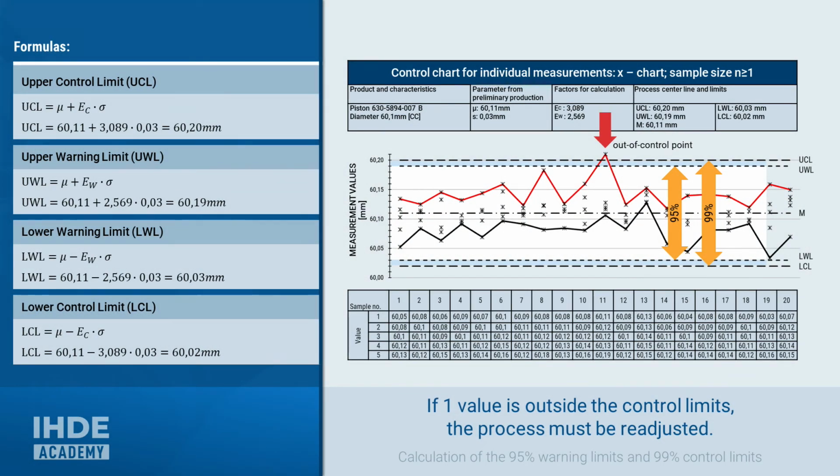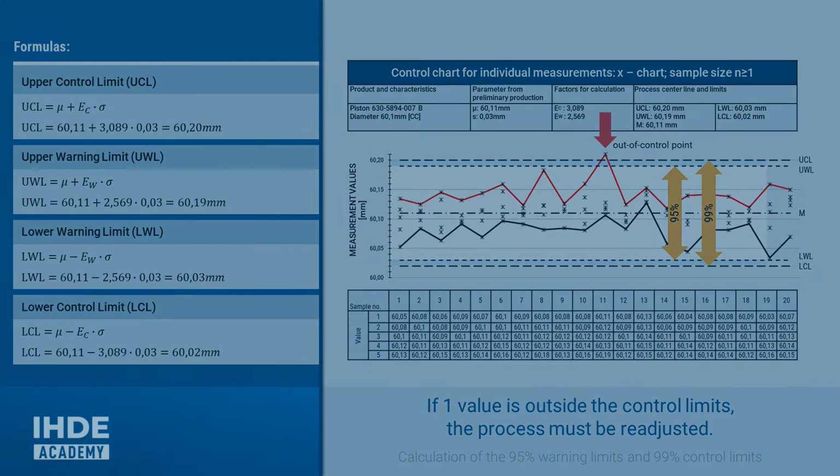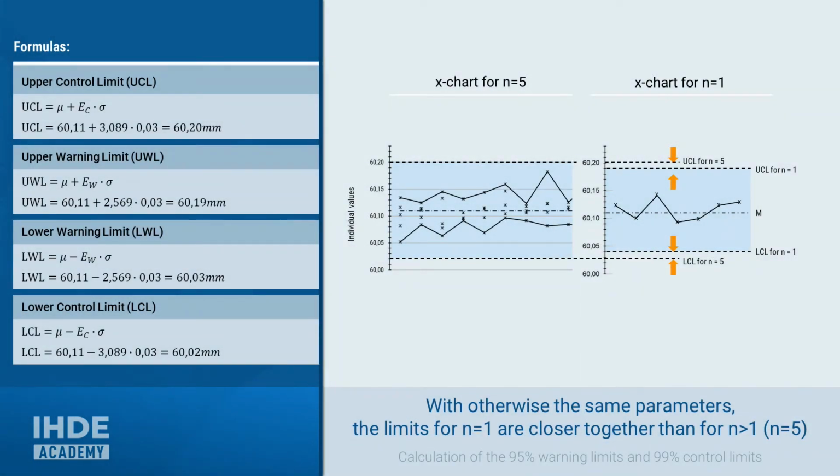Only when one of the limits is exceeded, it is a signal that the process is out of control. If one value is outside the control limits, the process must be readjusted. Here again, the control limits for different sample sizes in comparison.